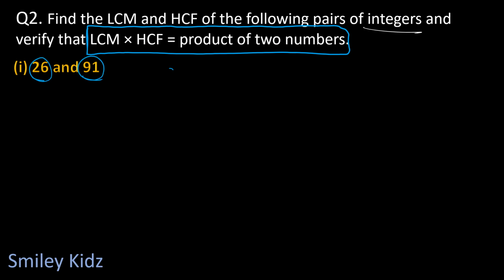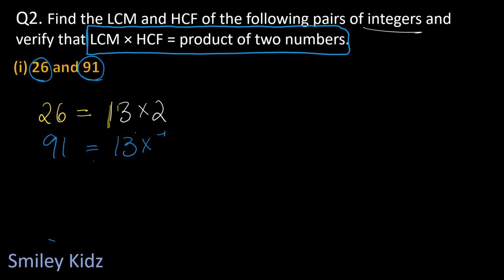Now in order to find the LCM and HCF, we must first find out the prime factors of the two numbers. So the prime factorization of 26 will be 13 times 2, isn't it? And then what is the prime factorization of 91? Come on everyone, it is 13 times 7.